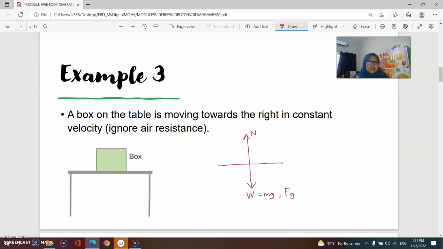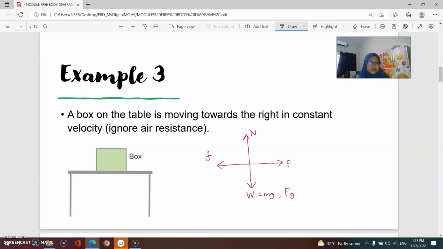Then for the normal force, we can use N. It is moving toward the right, so it means that we don't have acceleration, but it is moving to the right, so we have an applied force here. At the same time, it is a constant velocity, so it means that we have friction here.